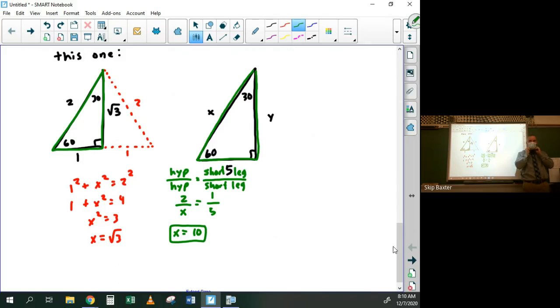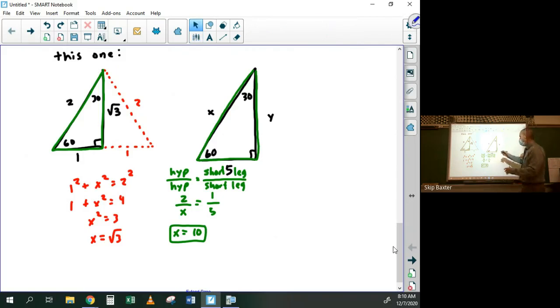That's what similar means. Similar means same shape, but different sizes. And the fact is that any two similar triangles are proportional in their side lengths. I could set up a proportion saying hypotenuse over hypotenuse equals short leg over short leg. So if this hypotenuse is double that short leg, then this hypotenuse has to be double that short leg. That's what proportional means.